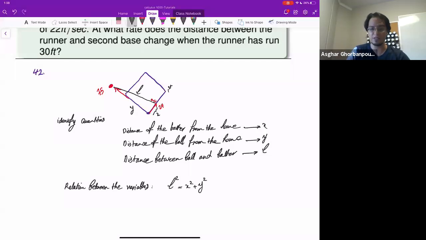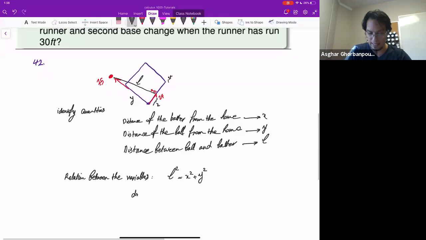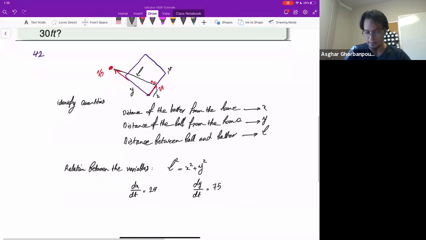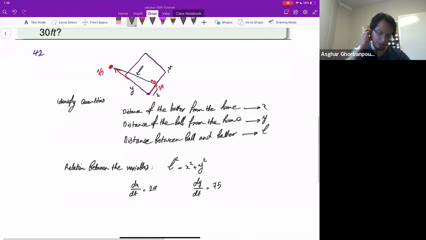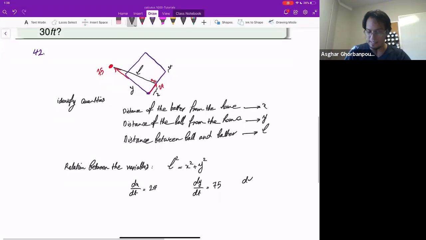What else do we know? We know that dx/dt, how fast the batter is running, is 24. dy/dt is 75 feet per second. I don't write the units. And then the question is, what is dL/dt?